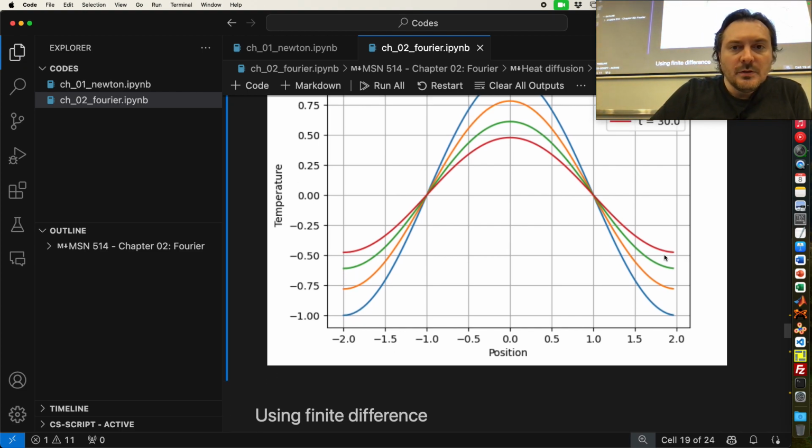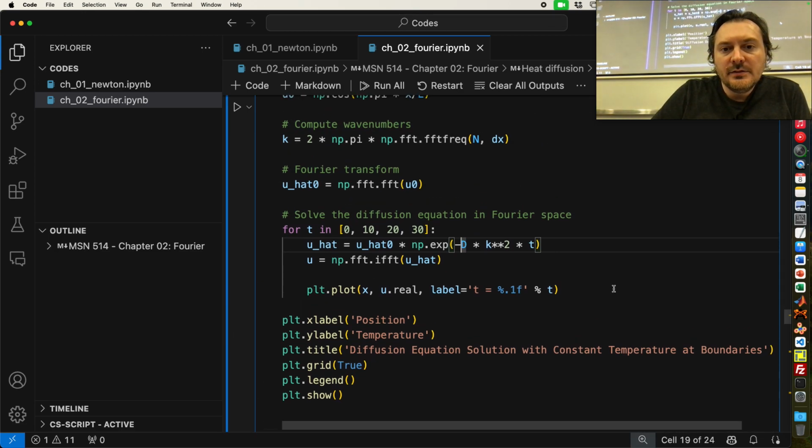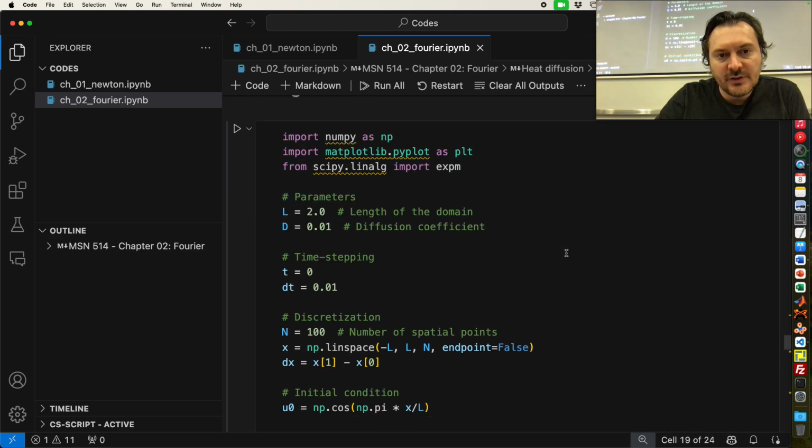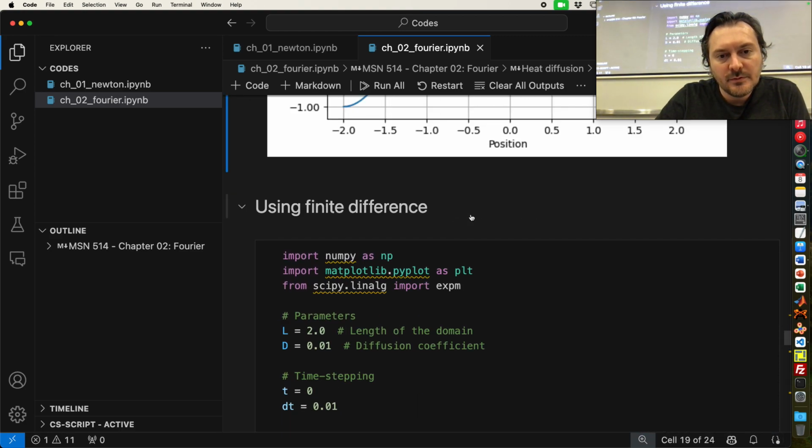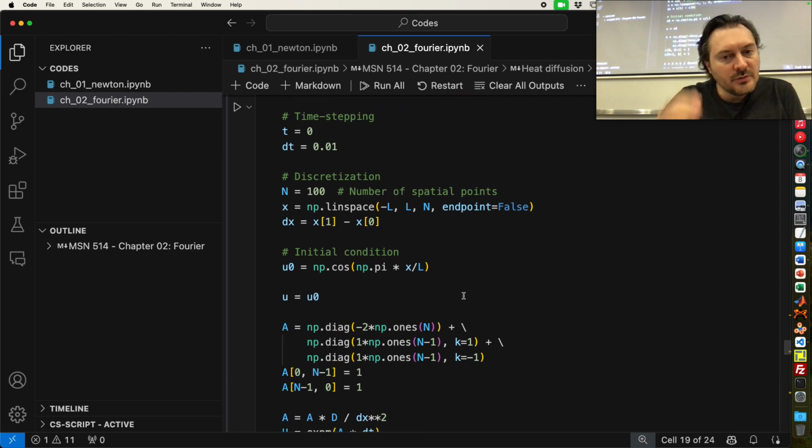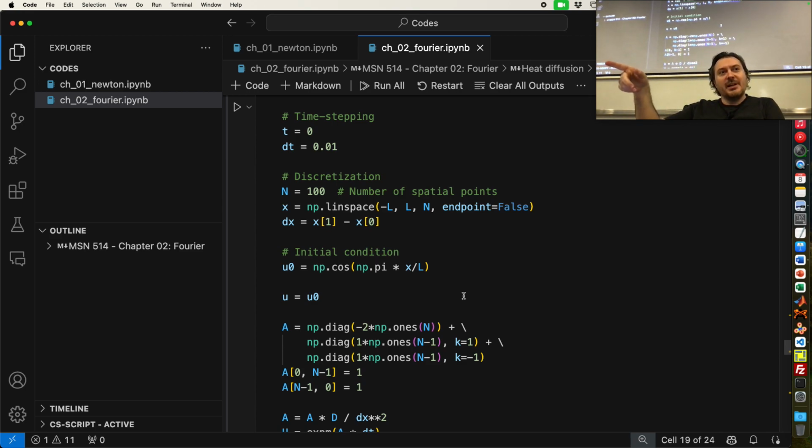Well, in Fourier transform, you can directly go with the exponential. But if you are using finite difference, then you actually have to resort, again, back to the time evolution operator. Do you remember the time evolution operator? Yes. Like -1, 2, 1, -1, a matrix, and you would take the exponential of the matrix.